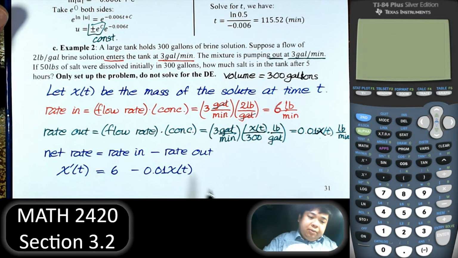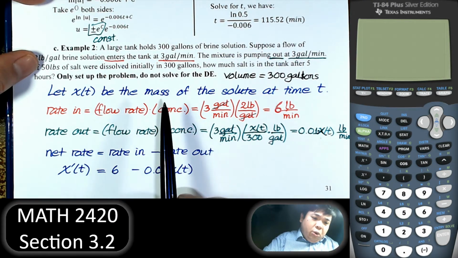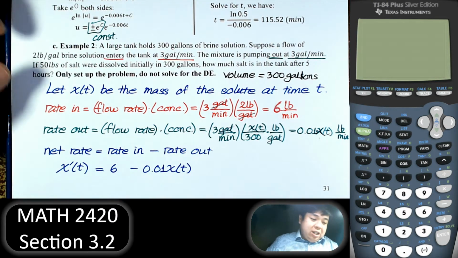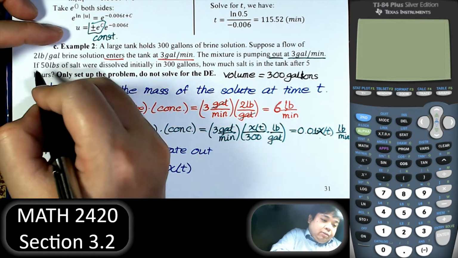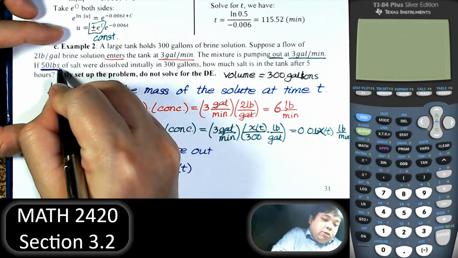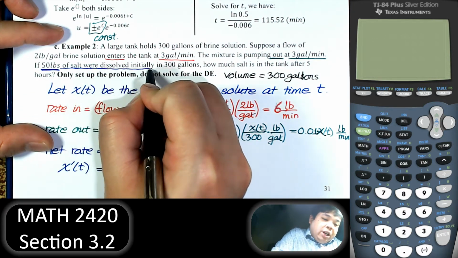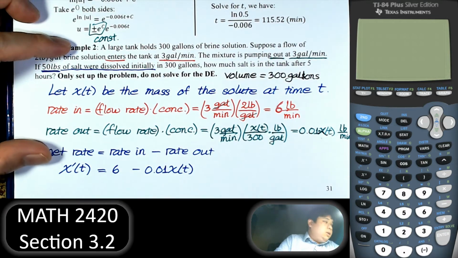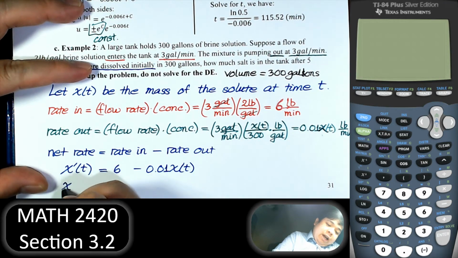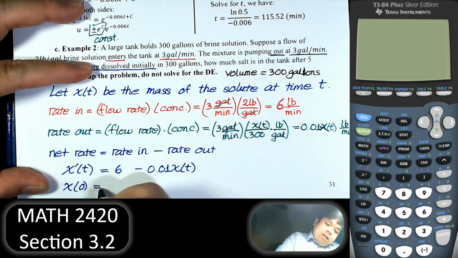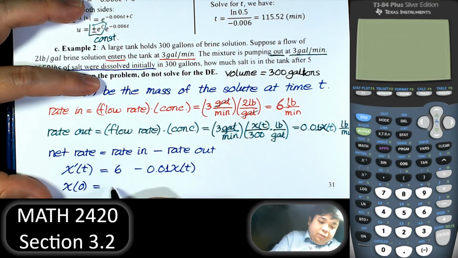Next, initial condition. Oh, this one is easy. It says that 50 pounds of salt will dissolve initially. So we have x of 0 is equal to 50.